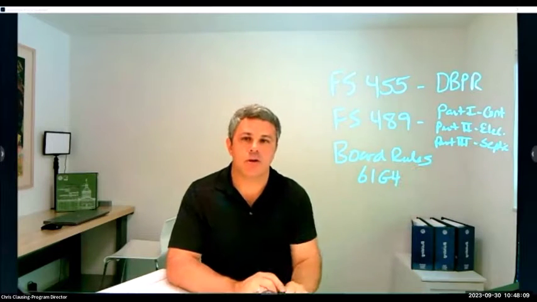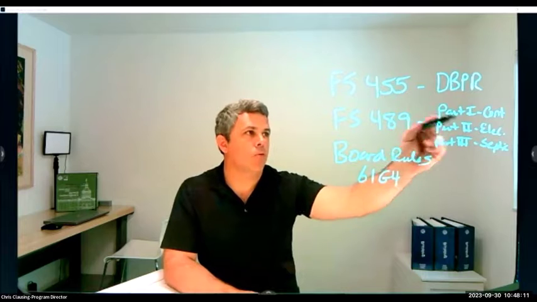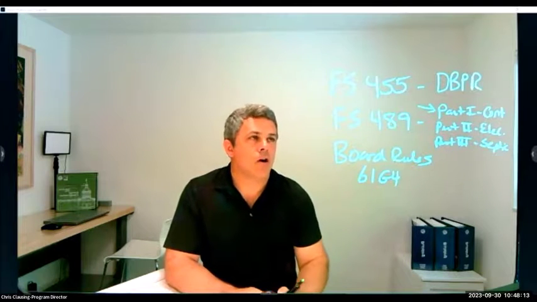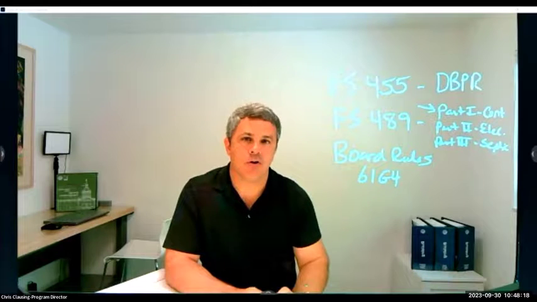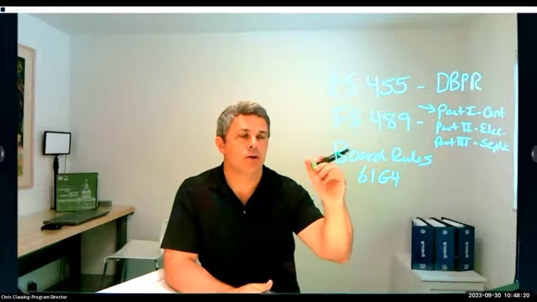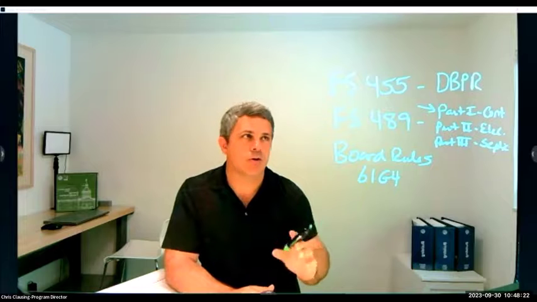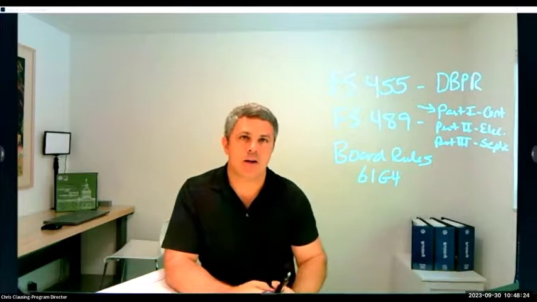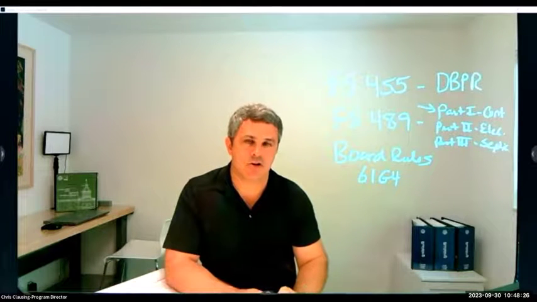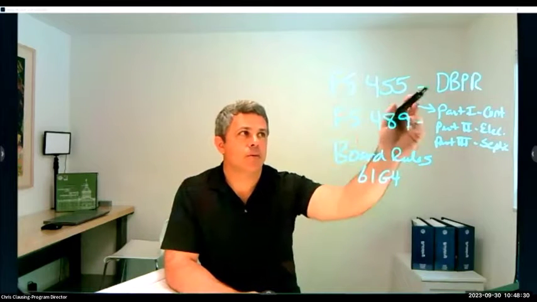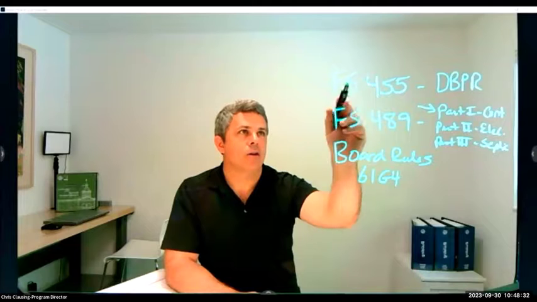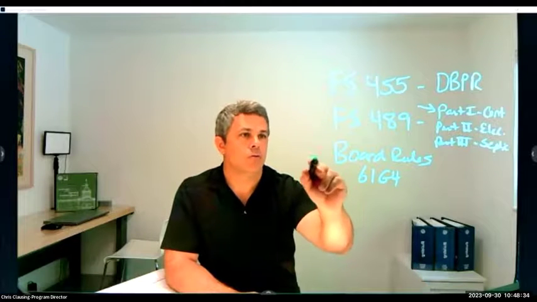Okay, so we really only care about part 1. And also the 489 allows for the construction industry to have its own board. So DBPR doesn't actually manage the construction industry licensing provisions. The statute gives the DBPR the authority to give that role to the CILB.